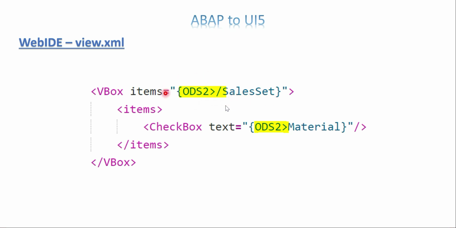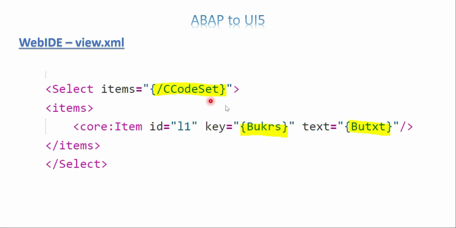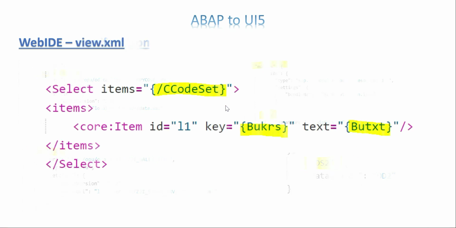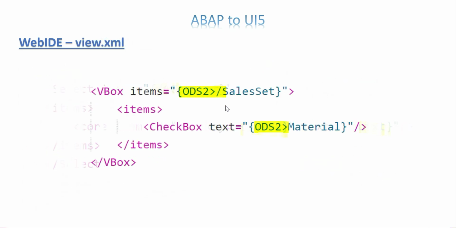So here I just mentioned ODS2, which is nothing but the identification which I did in the manifest file. ODS2, this one, not this. This is the OData source. This is the identification name which I have to use in my view. So ODS2 and then the entity set, ODS2 and then material.